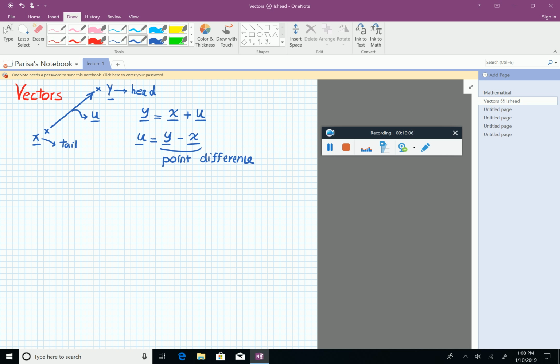So now that we have the vector, we want to look at some of the properties of the vector. One important property is the magnitude of the vector, which is nothing else but the distance between tail and head. And as we know, this is always non-negative.